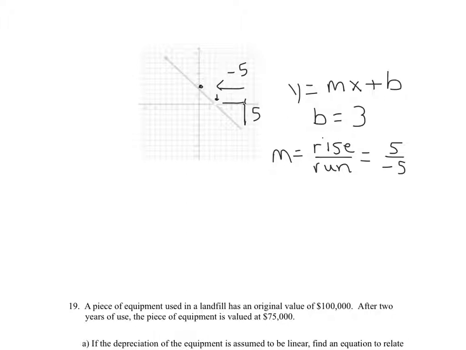So I have positive 5 divided by negative 5, which is a slope of negative 1. I can now write my equation by plugging back in, and I will have y equals, you can either write it as a negative 1x, or you can just make it a negative x, the 1 is not required, plus 3.